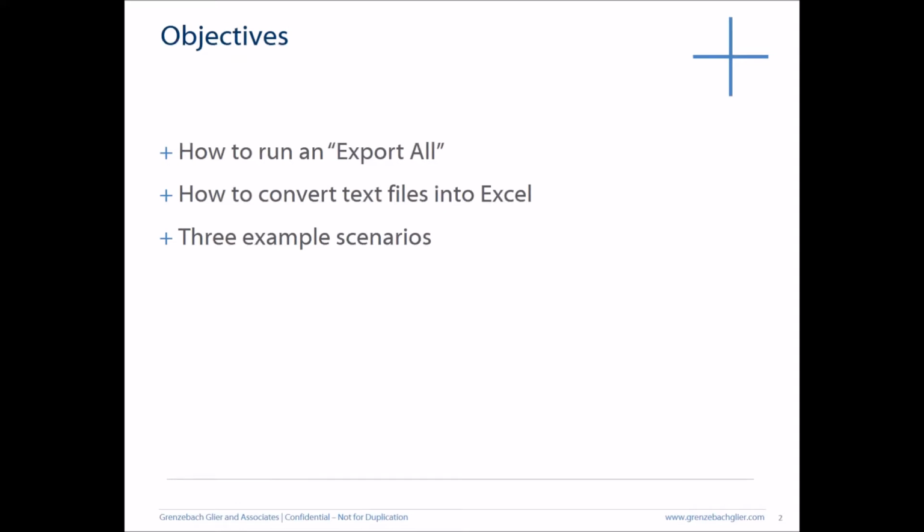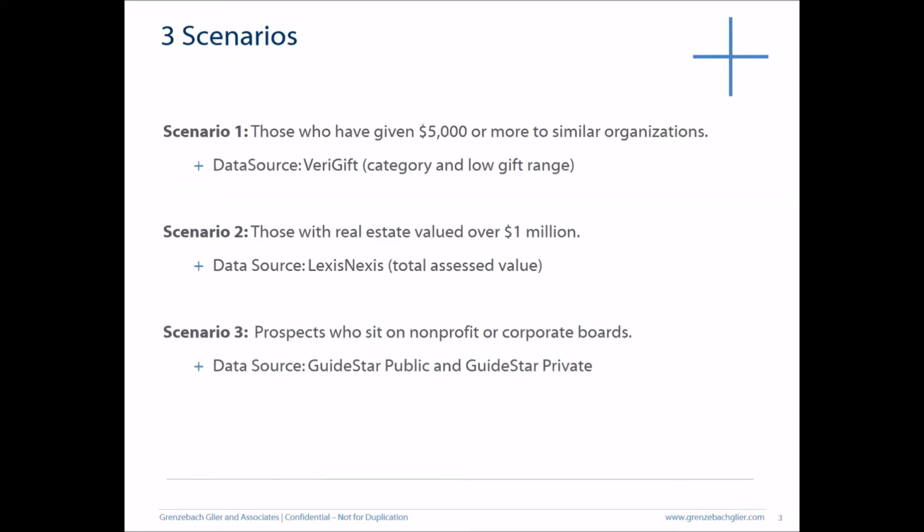So before we get started, let's walk through those scenarios. The first one is if somebody asks you to find prospects who have given $5,000 or more to a similar organization. For that, we're going to use the VeriGift data source, specifically looking at category, but also the low gift range.